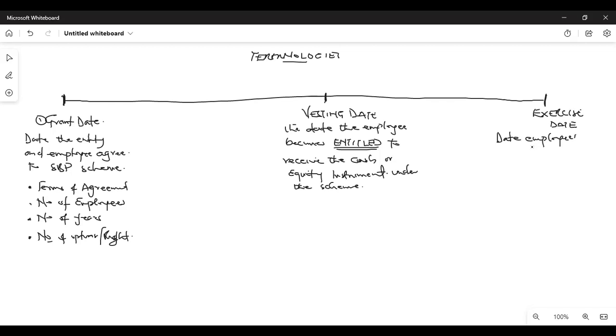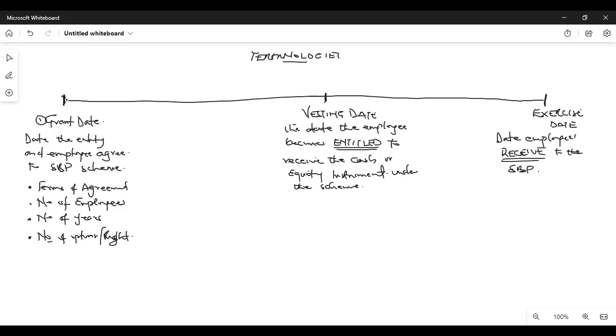This one, we are assuming that the company is buying a service of the employee. The date employee receives, the key word is receives. Please, being entitled to something and receiving it is not the same thing. All right, so understand the different timings.